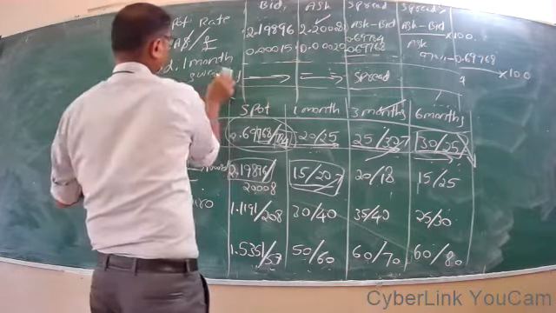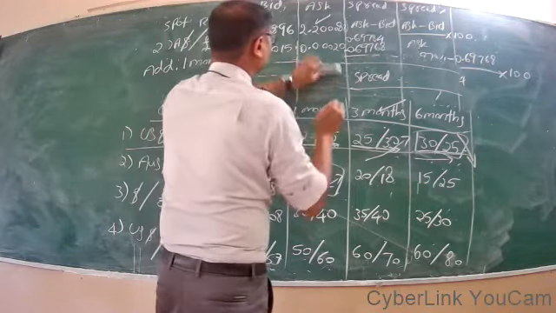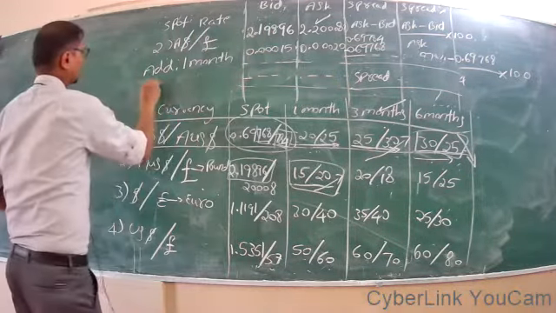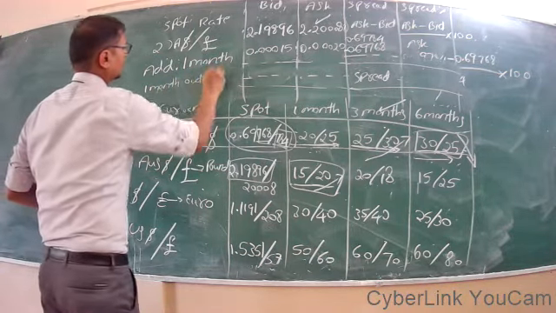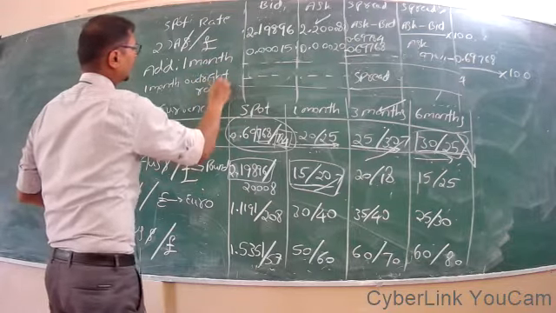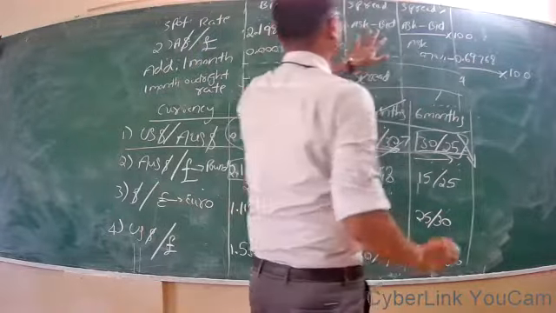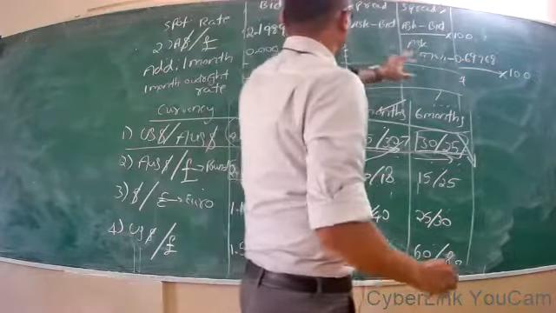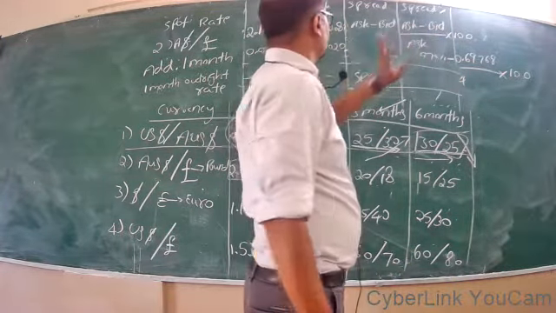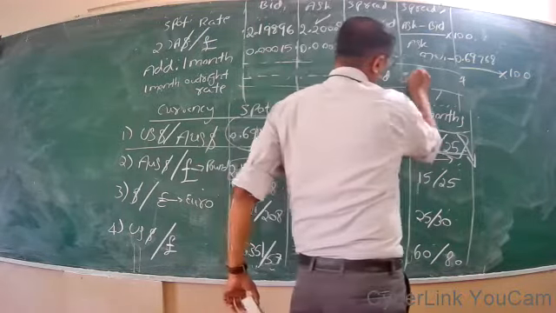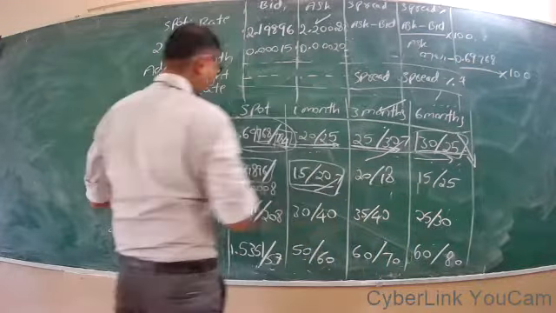So the answer you are getting is called the 1 month outright rate, or 1 month forward rate. Again, you have to calculate the spread, that is ask minus bid. Then you need to calculate the spread percentage, that is ask minus bid divided by ask into 100. Again, you have to calculate spread and spread percentage for the 1 month outright rate also, right?